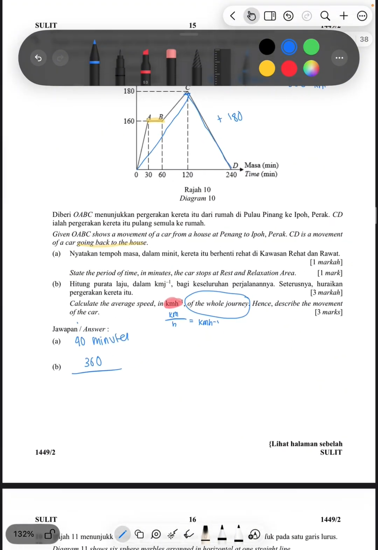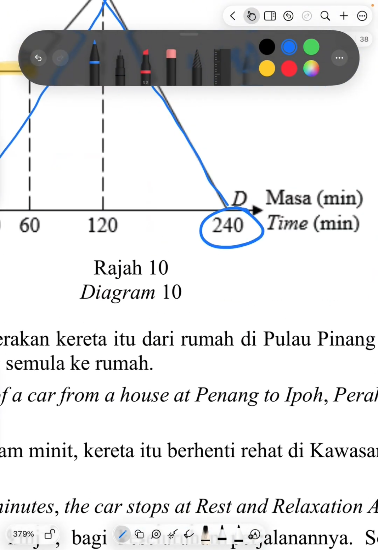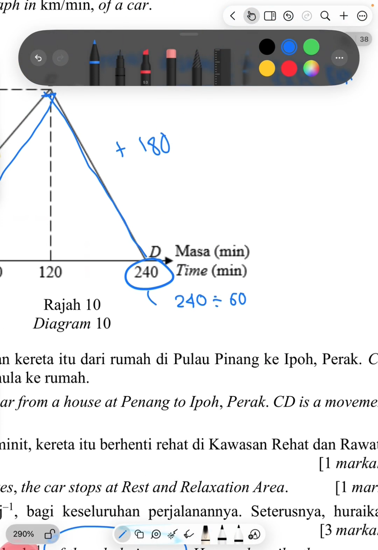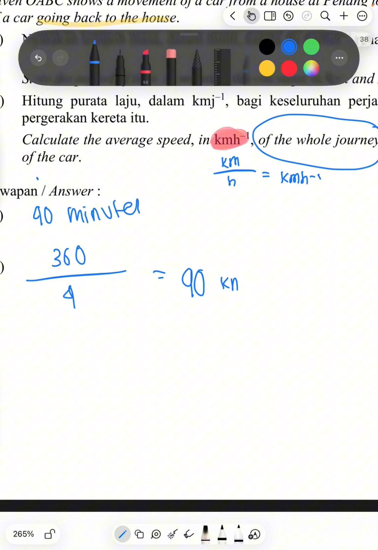So they want it in km h negative 1. So if the total time travel is 240, you divide by 60, it is equal to 4 hours. 360 over 4 is equal to 90 kilometer per hour, and that's not all.